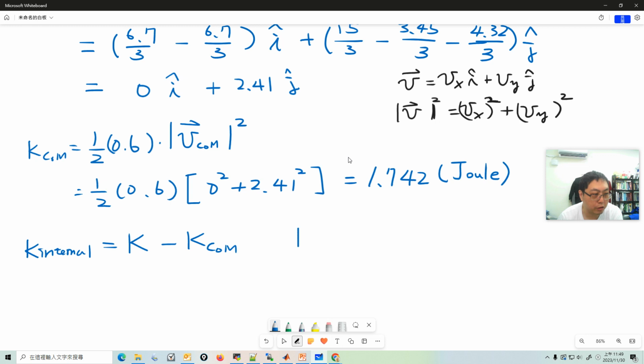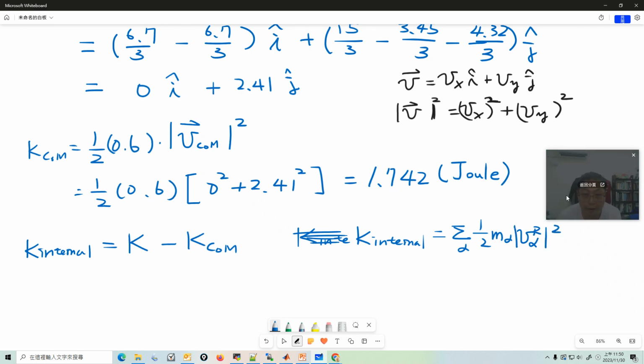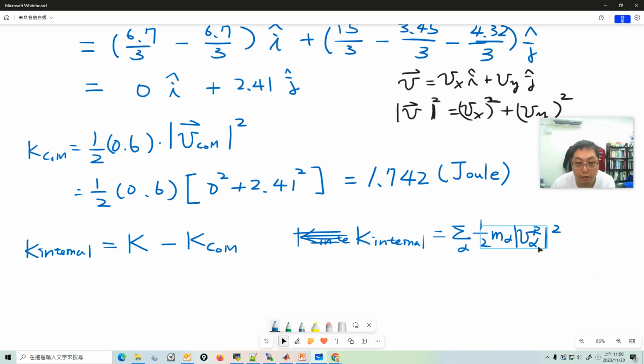Or you can use the definition of internal kinetic energy: the summation over alpha of 1 over 2 m alpha times the relative velocity vector square. Relative to what? Relative to the center of mass. So you have these two ways.